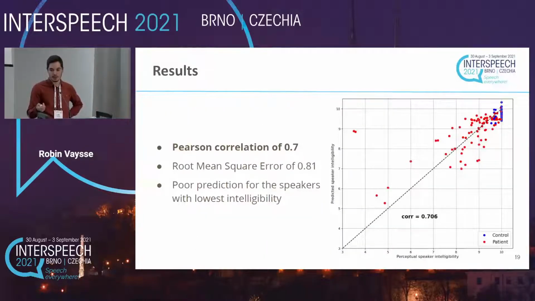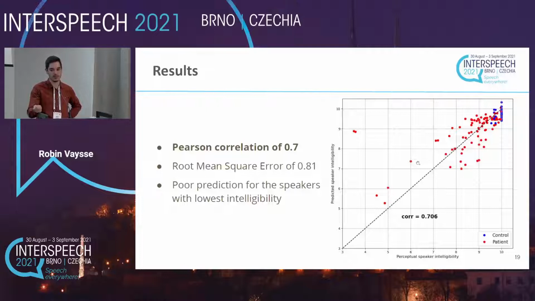So we made a prediction with our support vector machine, and here we have our predicted speaker intelligibility, and here is the perceptual speaker intelligibility from the speech therapist. We can see that in blue we have the control speakers, and in red the patients.